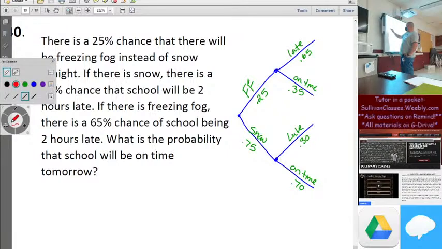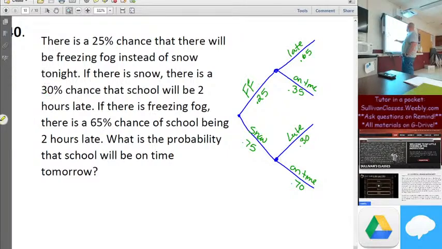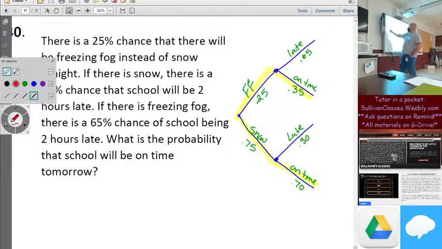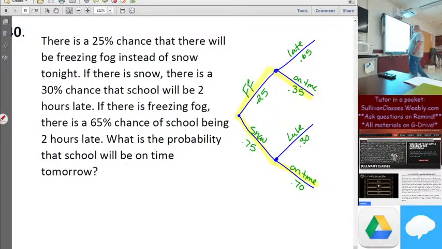Well, we're going to be on time two different ways. Either freezing fog and on time, or snow and on time. Each of these is a compound probability. So this is 0.25 by 0.35, which is a quarter of 35 is 8.75.